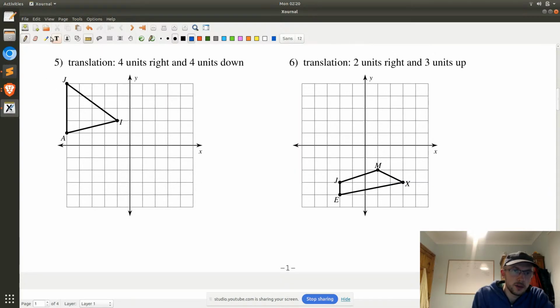Four units right, 4 units down. Two units right, 3 units up.